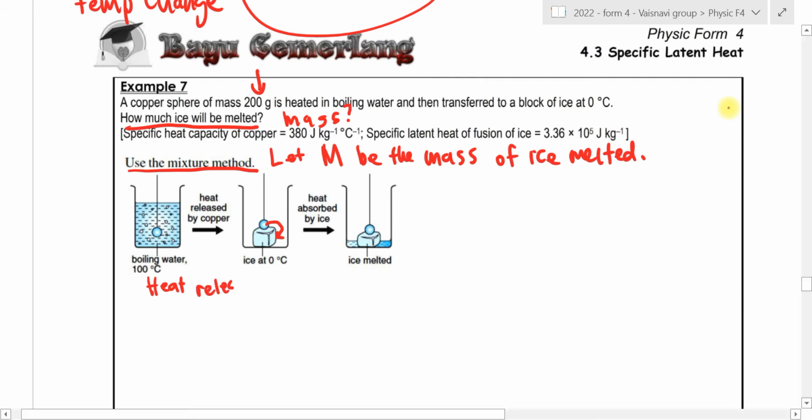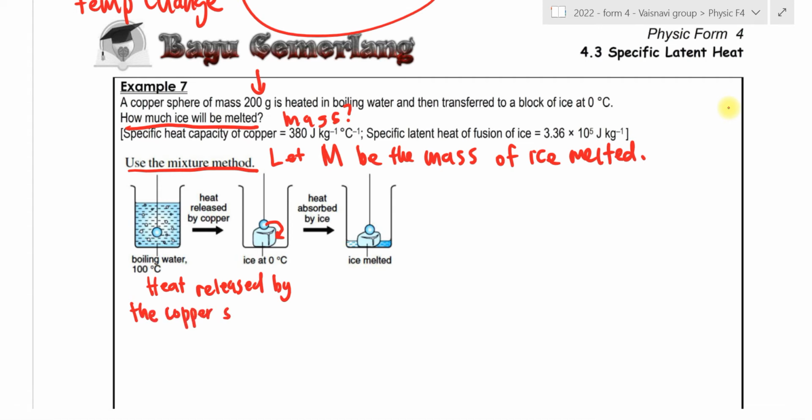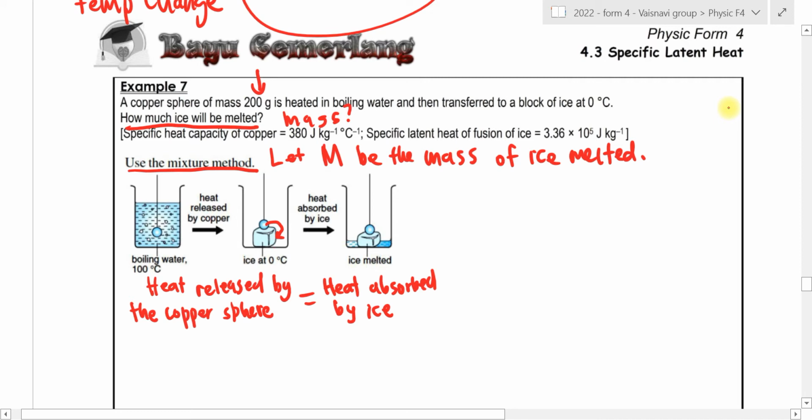So heat released by the copper sphere is equal to heat absorbed by the ice.